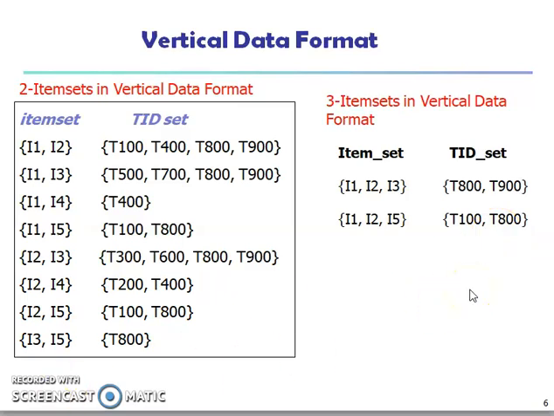So finally we get the 3 item sets I1, I2, I3 and I1, I2, I5, with transaction IDs T800, T900 and T100, T800. These are the frequent item sets, found through vertical format.